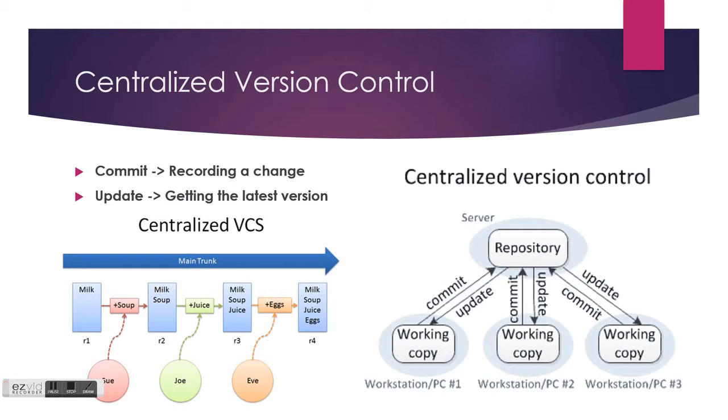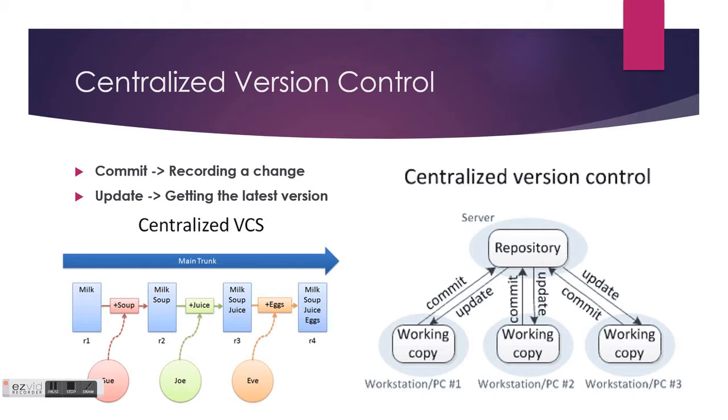So there are two types of version control systems: centralized version control and distributed version control. So what is centralized version control? Basically, centralized version control uses only one repository from which every other user commits changes made to it.